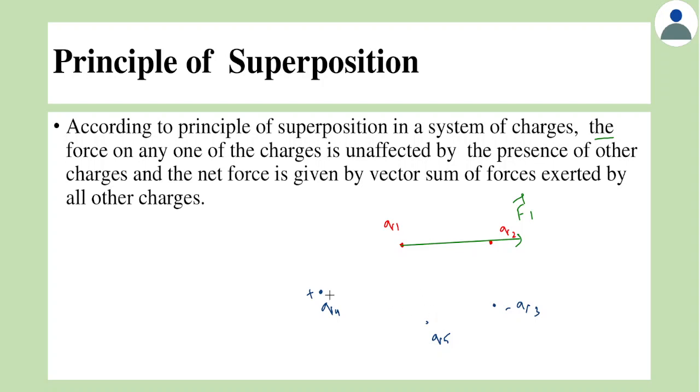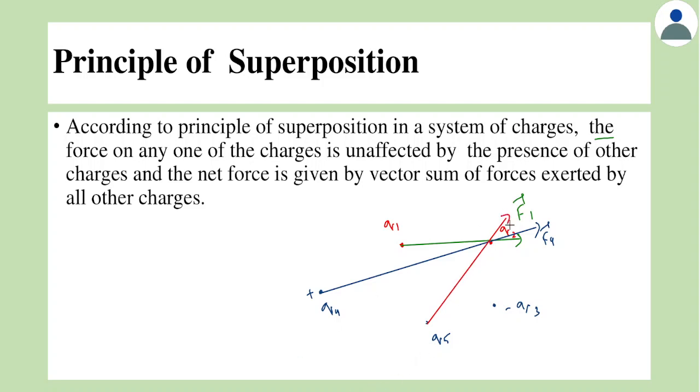Similarly, the force which this charge Q4 exerts would again be a repulsive force because it is a positive charge. So this force would be going away like this. We call this F4. The force which Q5 exerts, even this force would be a repulsive force like this.